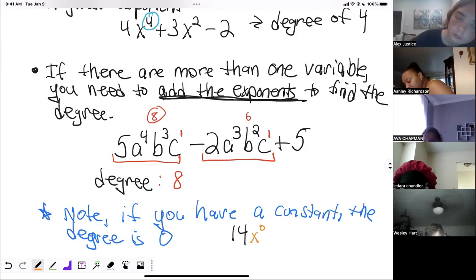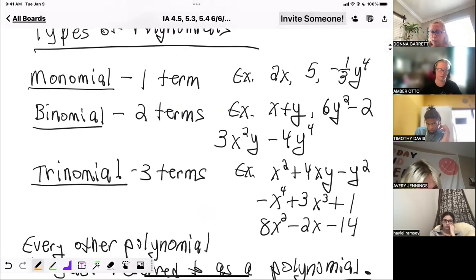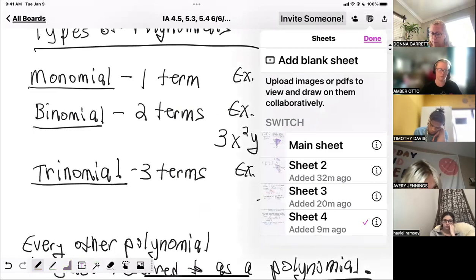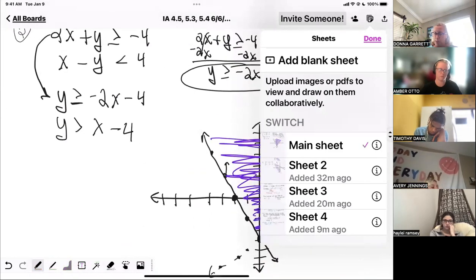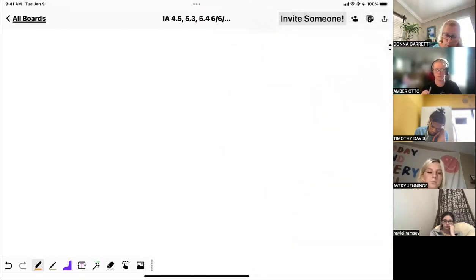Let me see. I still see a couple people writing, so hold on one second. I'm sorry if I missed you. I'm trying to look at all the pictures. Whoops, that's not what I want to do. Blank sheet. All right, so let's put it all together.